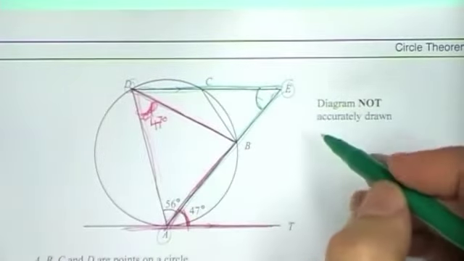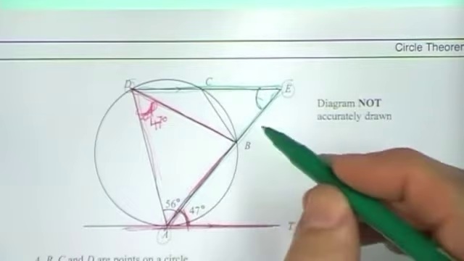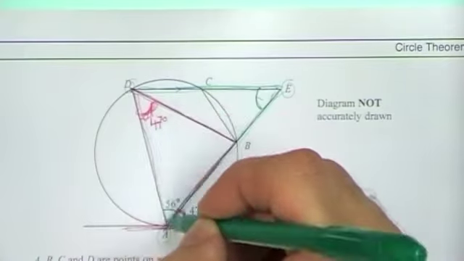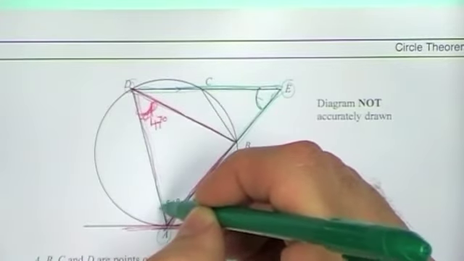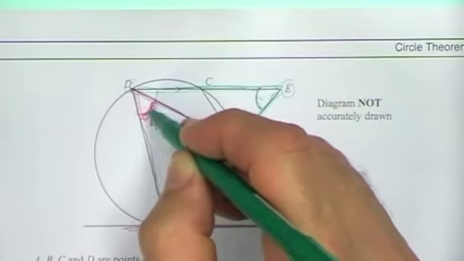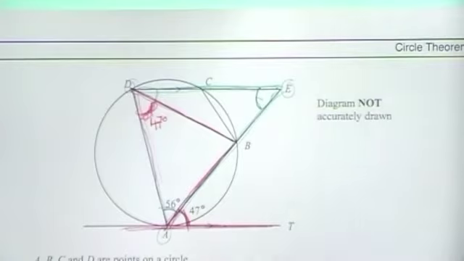Well, I suppose that actually forms a triangle, doesn't it? I don't know if that's helpful or not. It forms a triangle with this line here, and we know that's 56. So if we can find out this angle here, we'll be able to work out that one.